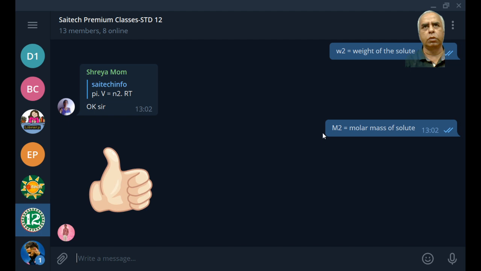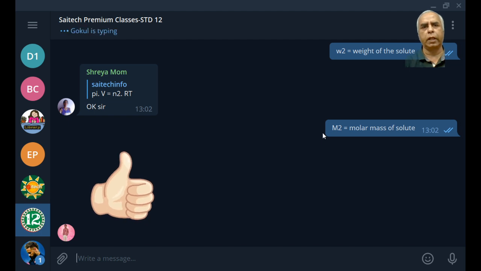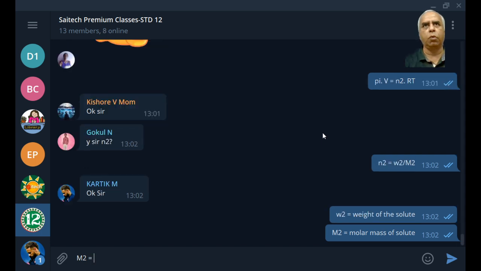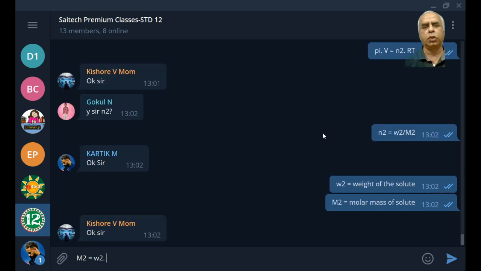So we can derive the formula and determine the molecular mass from this osmotic pressure. M2 is equal to W2 into RT by V.